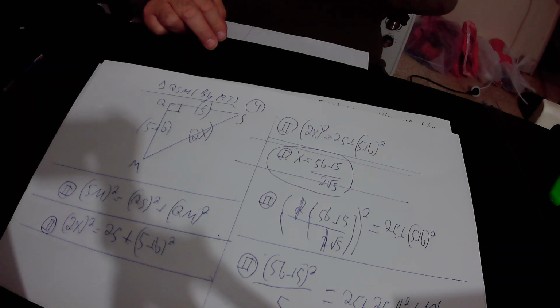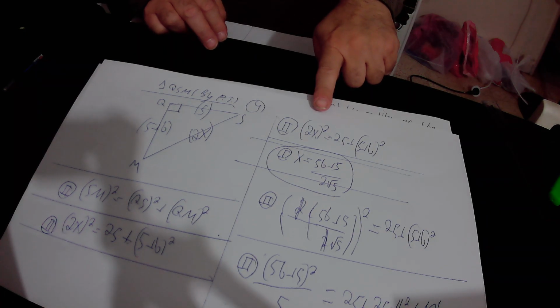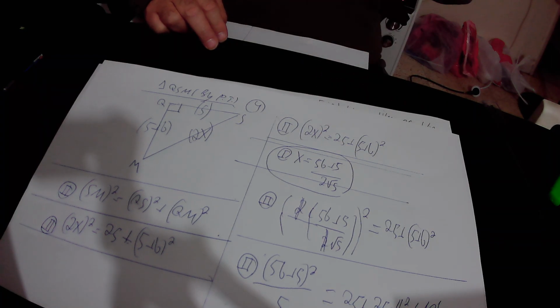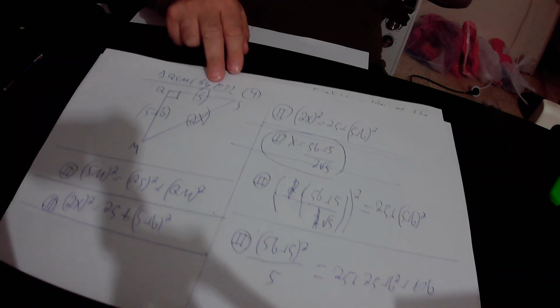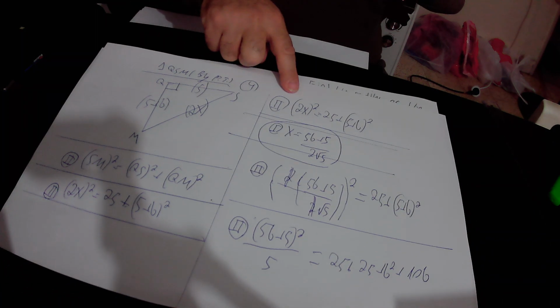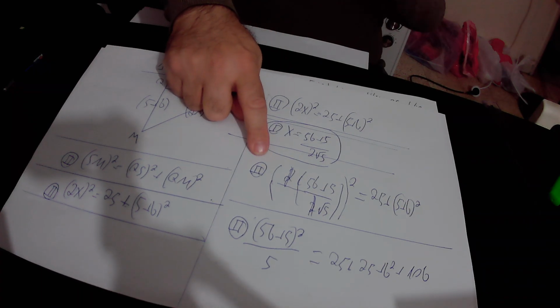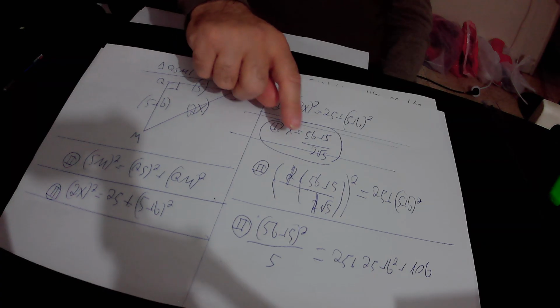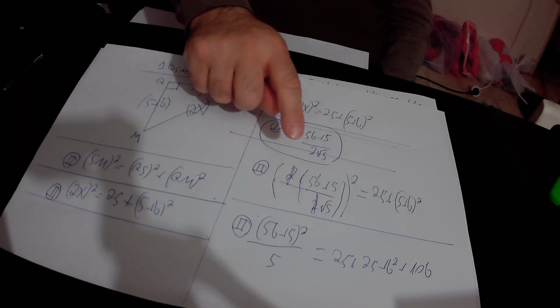Now we can substitute x in equation number 2 with the value that we found for x in equation number 1. So it is 2 times x, where x according to equation number 1 is (5b plus 5) over 2 times root of 5.